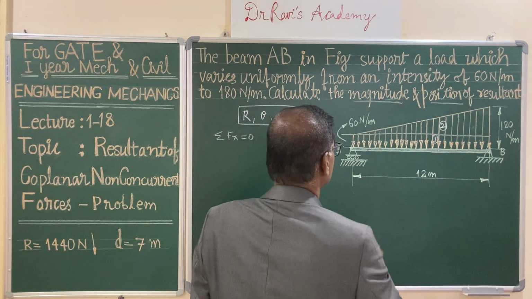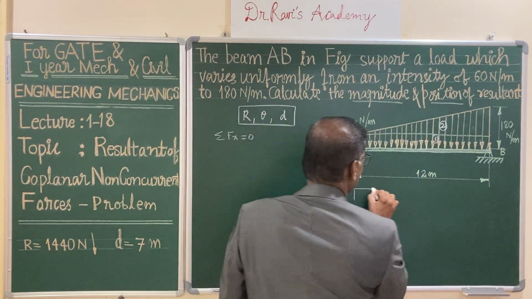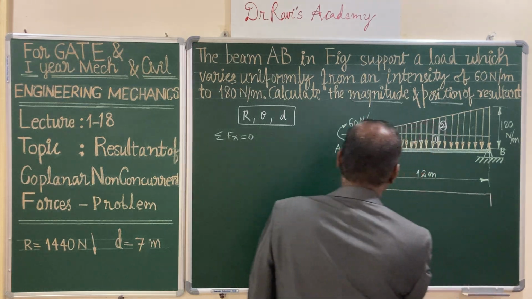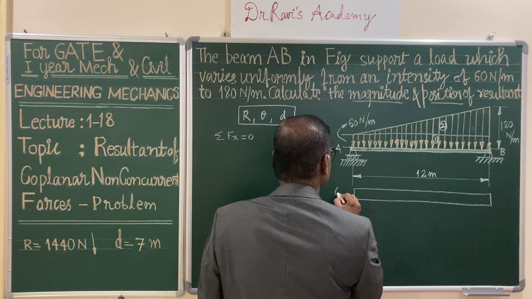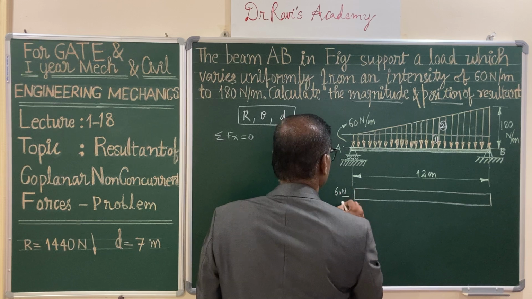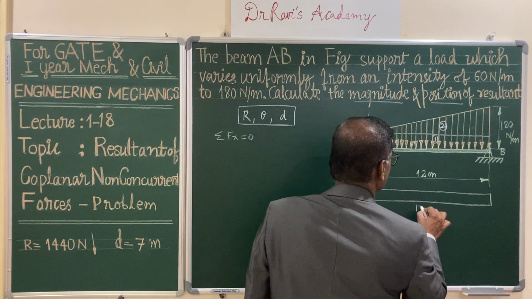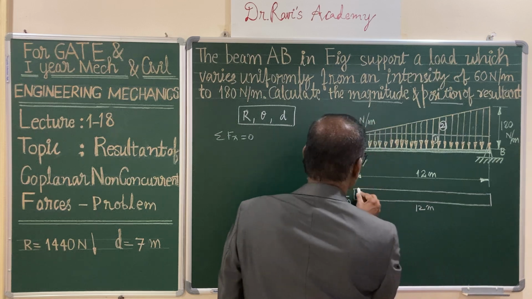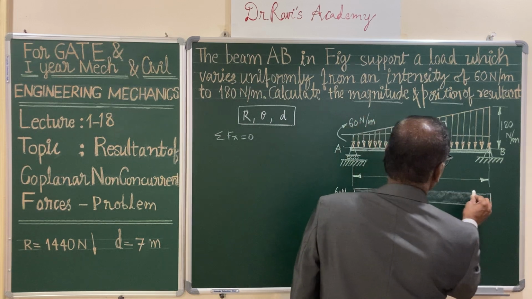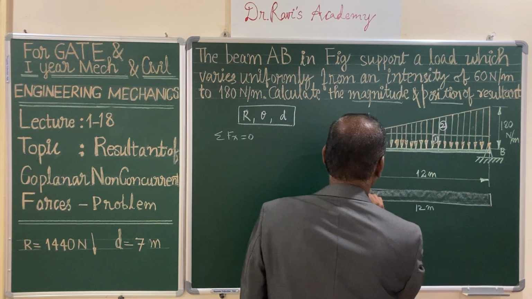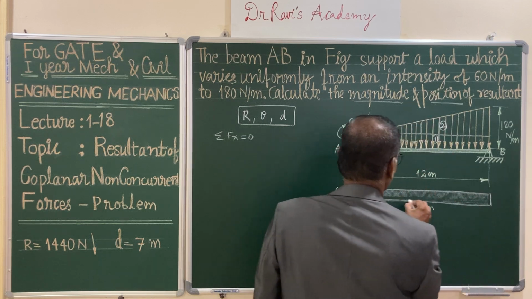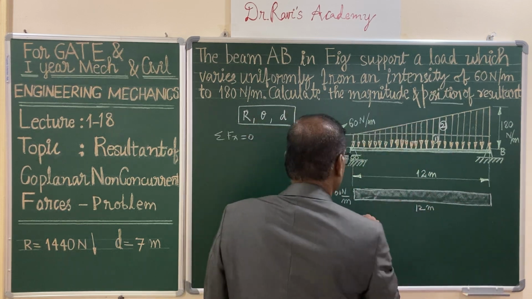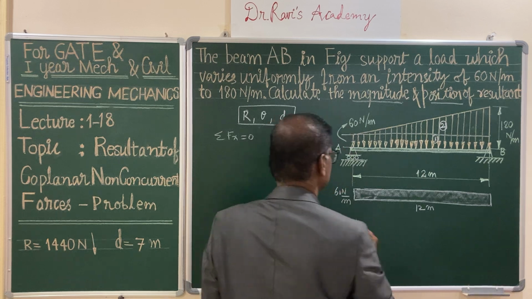So the rectangle has a height of 60 Newton per meter, with a length of 12 meters. This is my rectangular loading.